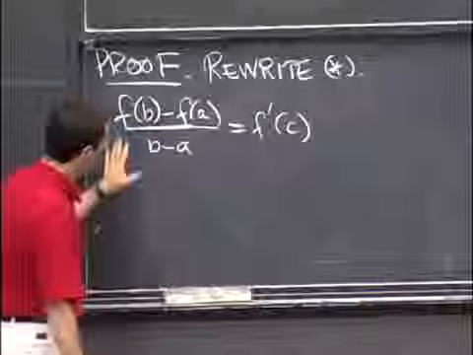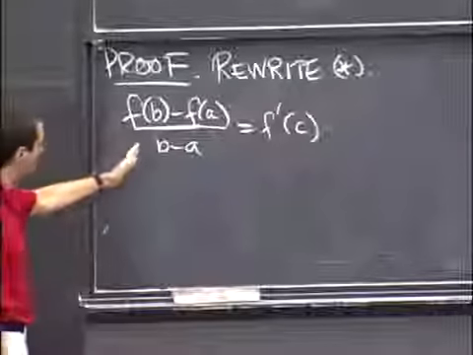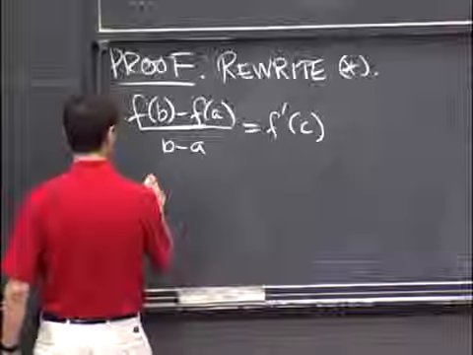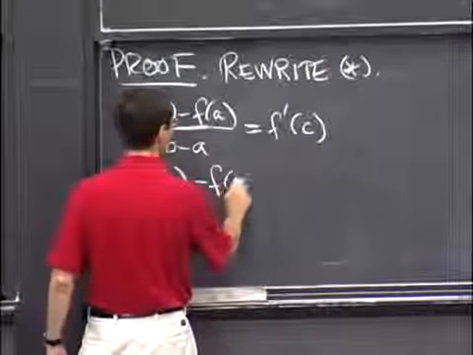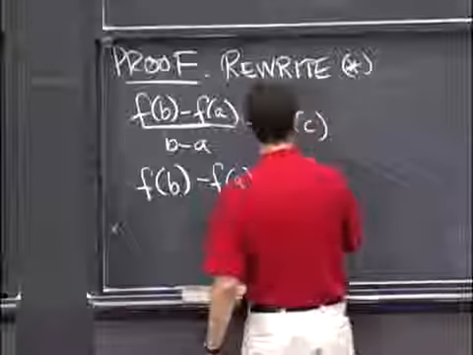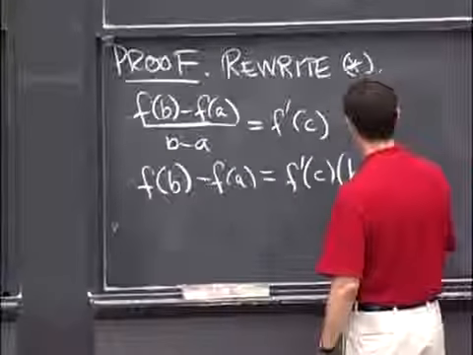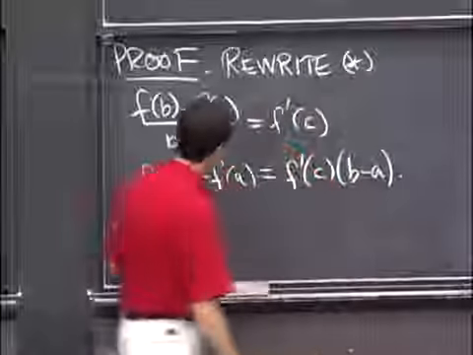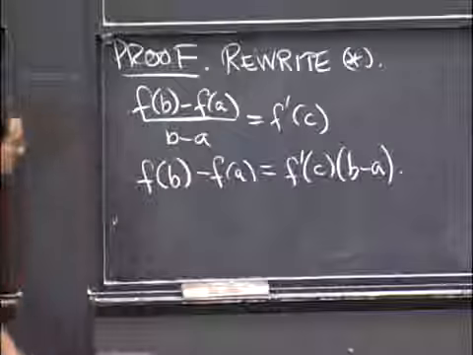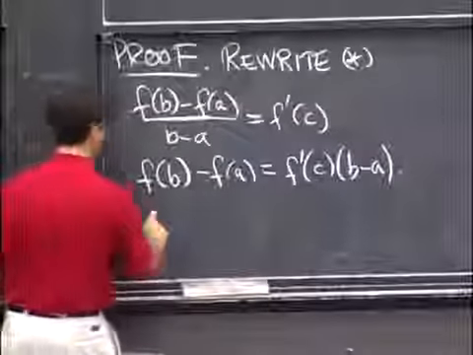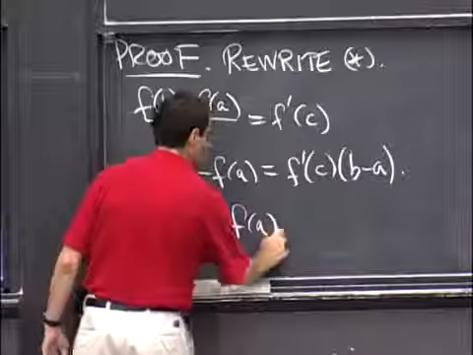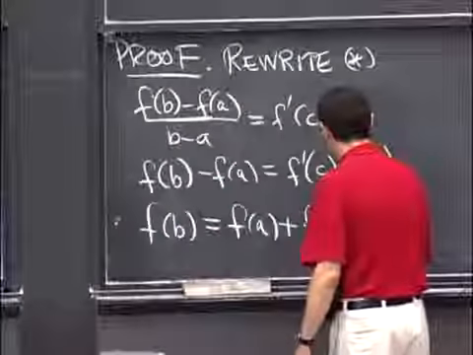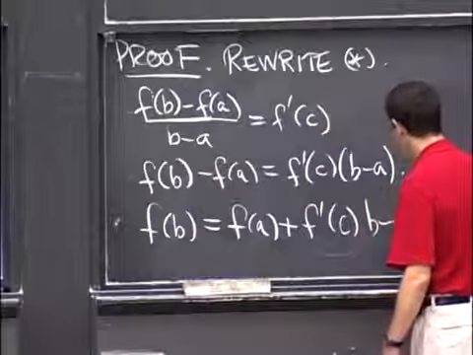In order to express this, though, I'm going to just rewrite it a couple of times here. So here's f(b) - f(a) multiplying through by the denominator. And now I'm going to write it in another customary form for the mean value theorem, which is f(b) is equal to f(a) plus f prime of c times (b - a).